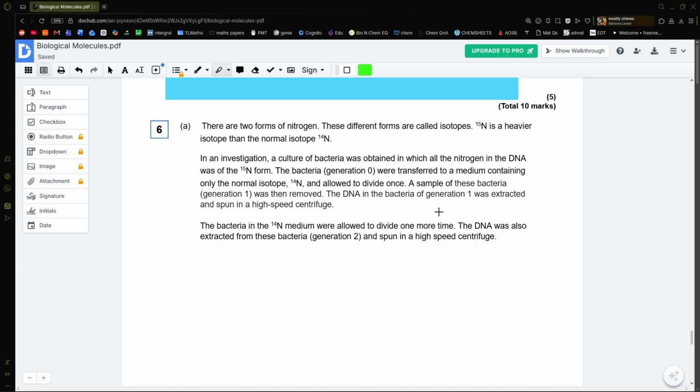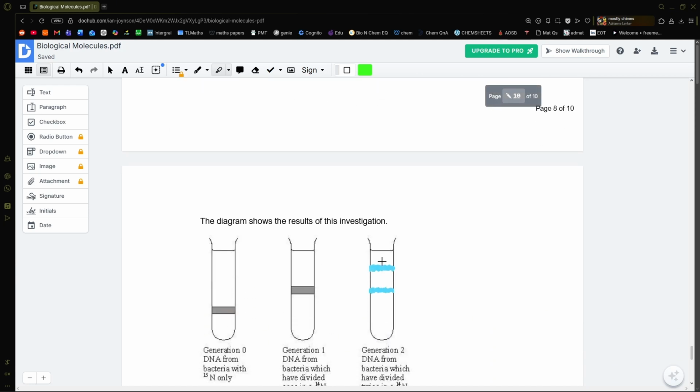A sample of this bacteria, generation 1, was then removed, and the DNA in the bacteria of generation 1 was extracted and spun in a high-speed centrifuge. The bacteria in the 14N medium were allowed to divide one more time. The DNA was also extracted from these bacteria, generation 2, and spun in a high-speed centrifuge.